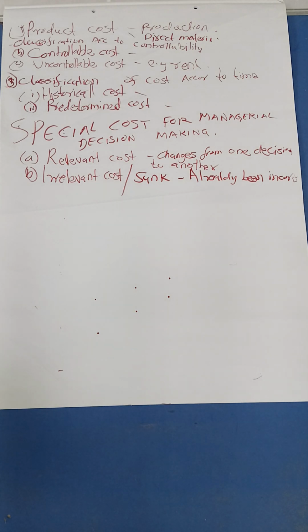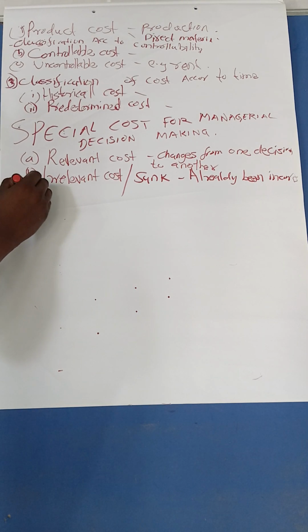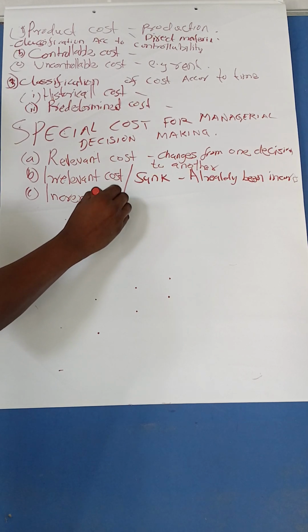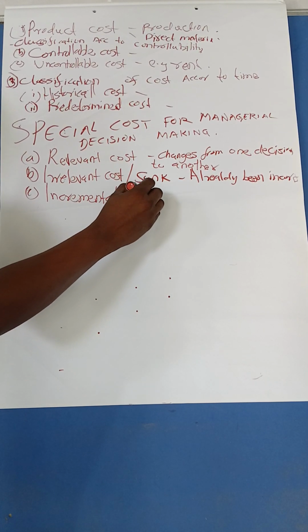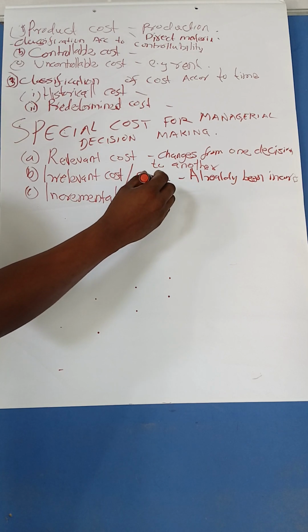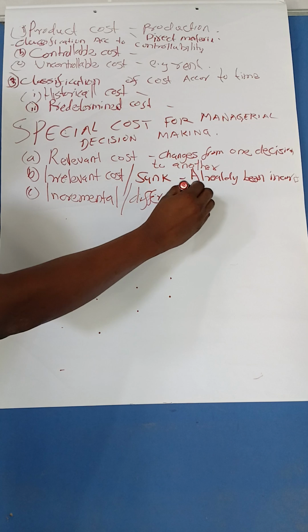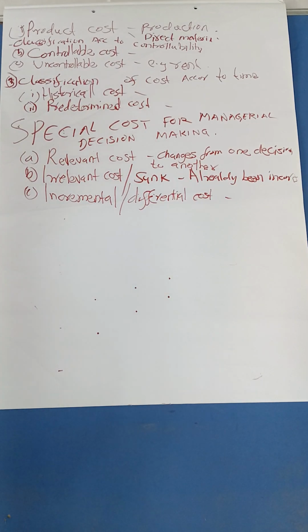Then we have another one called incremental cost or differential cost. Differential cost, we say this is an increase or decrease in cost as a result of an alternative course of action.